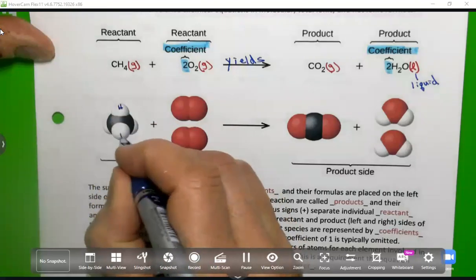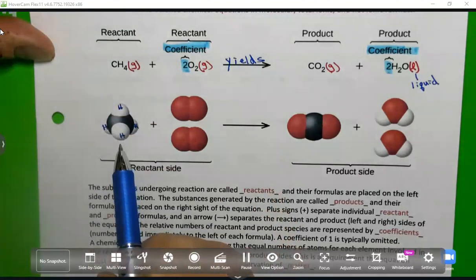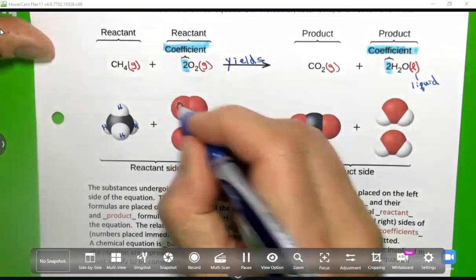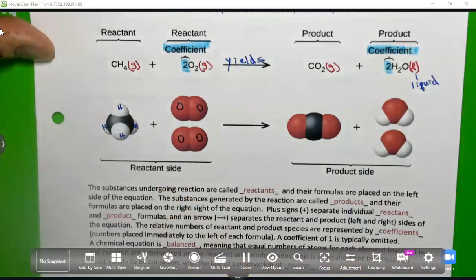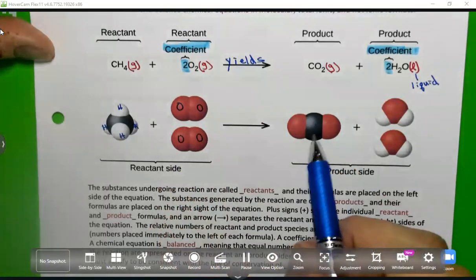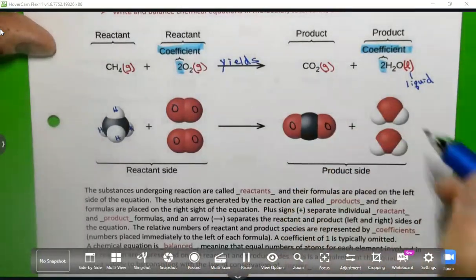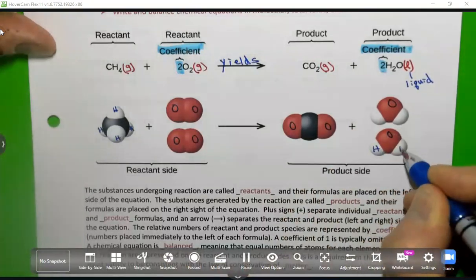We know that this is hydrogen, hydrogen, hydrogen. This is my carbon then. Oxygen, oxygen, oxygen, oxygen. Over here, I have carbon dioxide. And I have water.